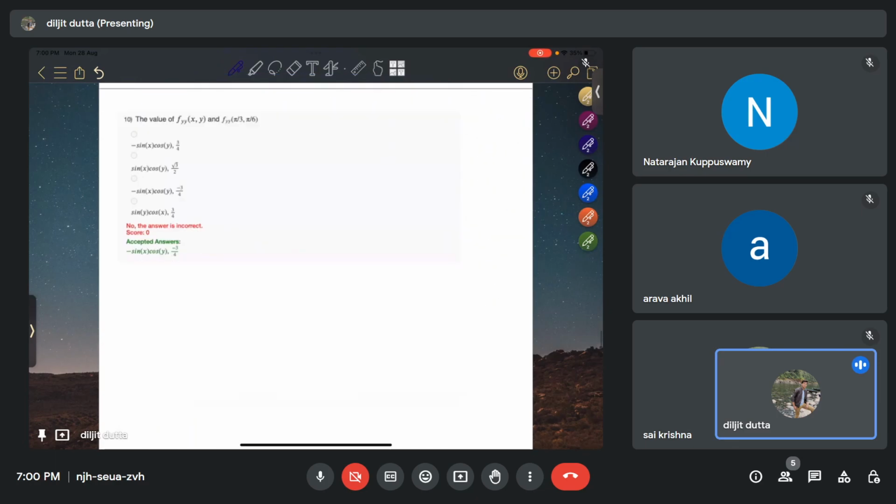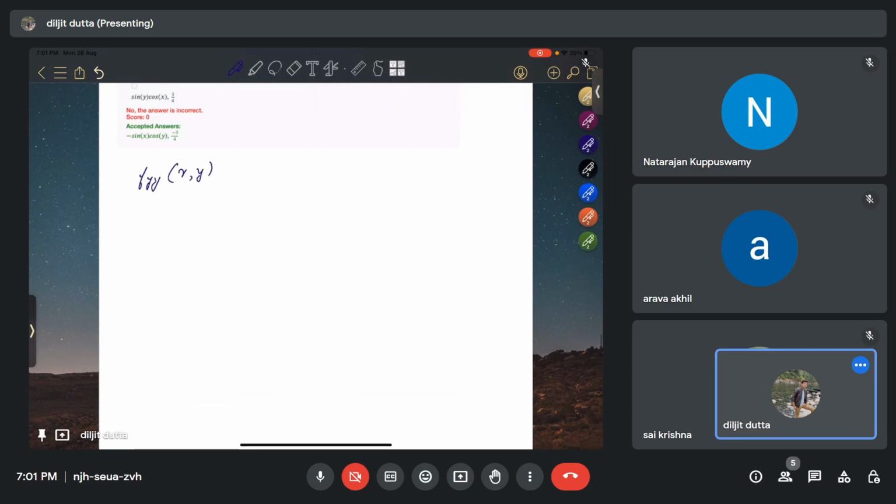And the last term is f yy of xy. F yy of xy is equal to what? Del square f by del y square. So it's del by del y into del f by del y. Del f by del y is minus sin x into sin y, which gives minus sin x into cos y.